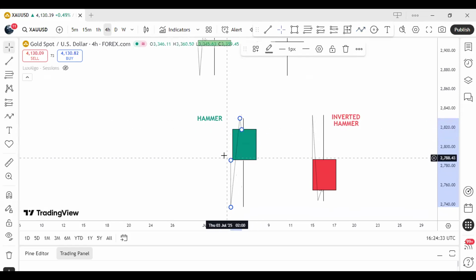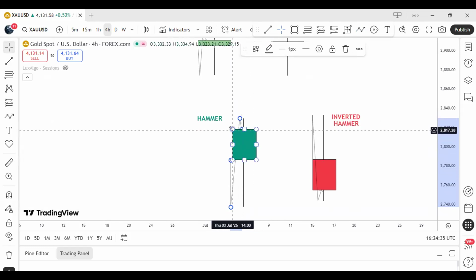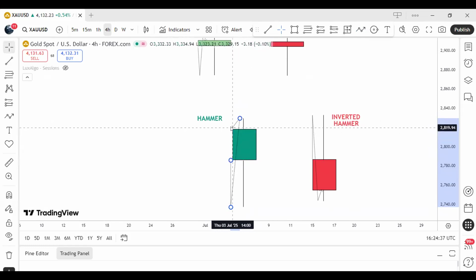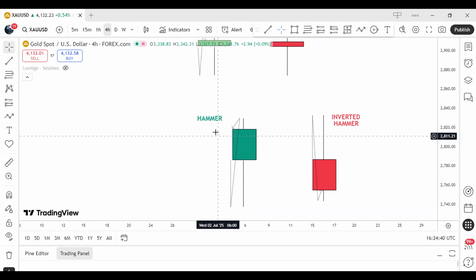So this is the open and this is the close. From this open to the close is the body of the candle, right? The body of the candle at this point actually gives us an additional signal that the buyers are stronger than the sellers.